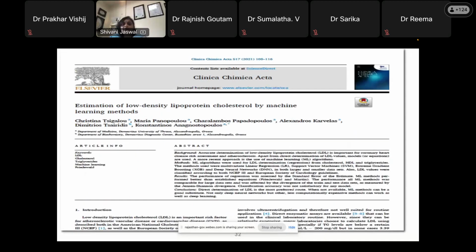This is another paper which talks about a tool developed to estimate LDL from the HDL and the total cholesterol, and they also found that this calculation was much better than using the conventional formulas.